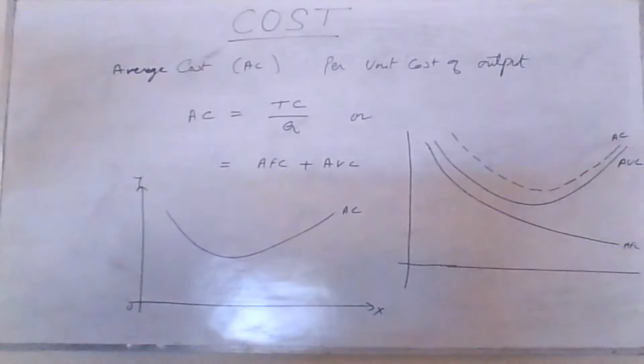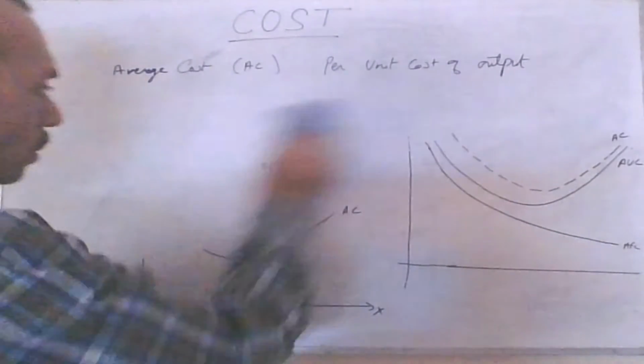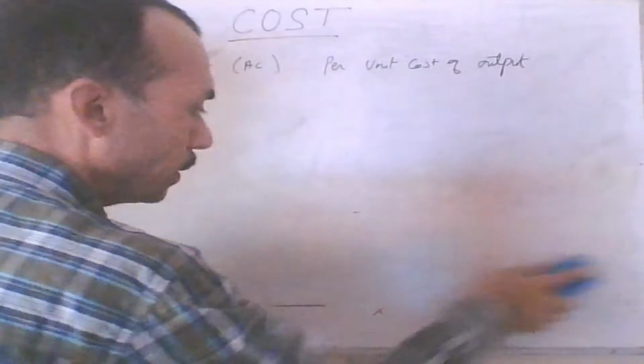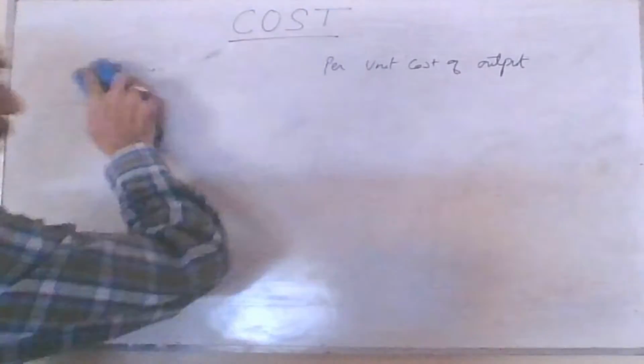Next is the marginal cost. What is marginal cost? Marginal simply means the addition, and cost is the cost.